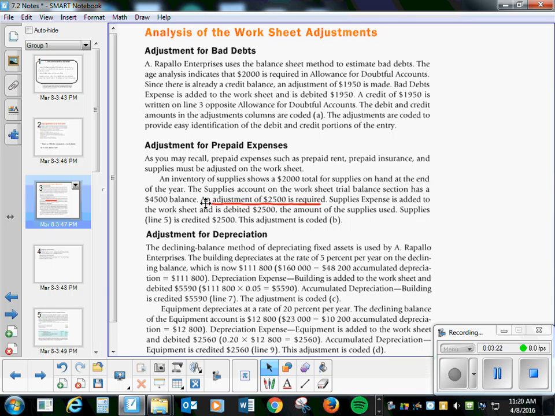The depreciation expense building is added to the worksheet and debited $5,590. You took 5% of what the building was worth. Accumulated depreciation is credited $5,590 and the adjustment is coded C.